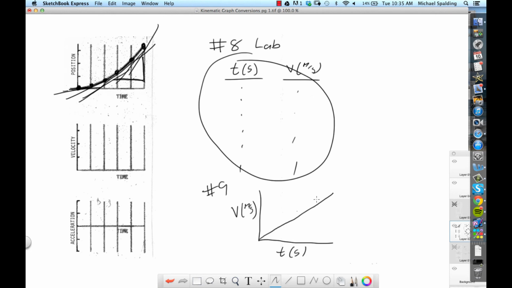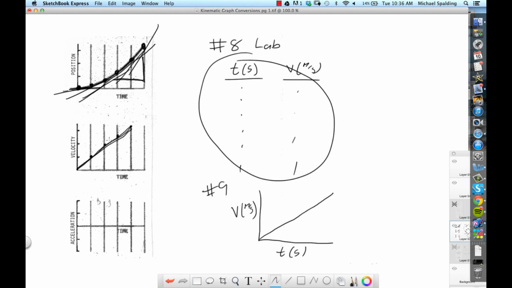What you should get is a straight line like that, which makes sense because if you think about it, what is gradually happening to our slope here? On the position time graph, what's gradually happening? The slope is getting bigger, and if the slope is getting bigger, what's going to be happening to the velocity? It's going to be getting bigger. So when you connect the dots, it should be a straight line.